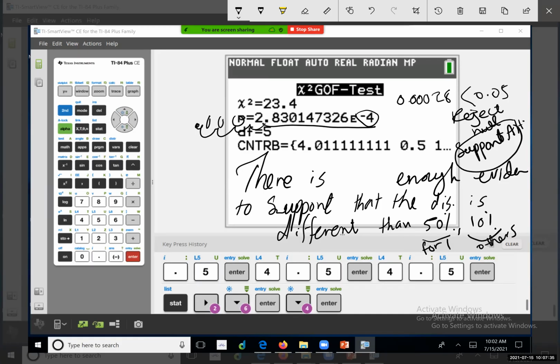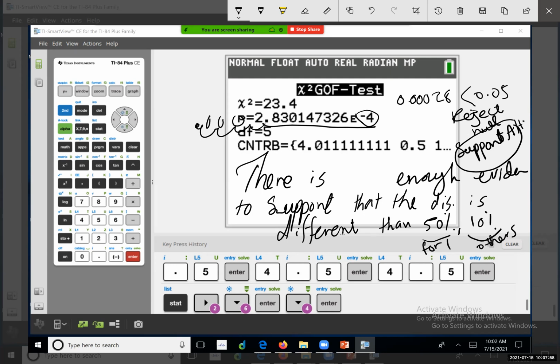Because the null is the equality. We said that it's equal to 50% or as we expected. The alternative was different than expectation. So you would say we support that it is different than our expectation of 10% and 50%.